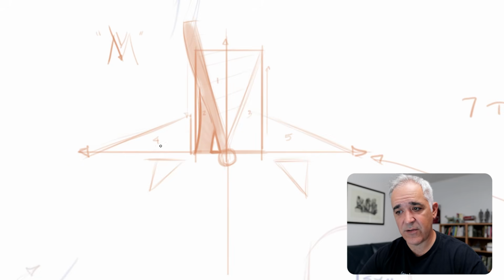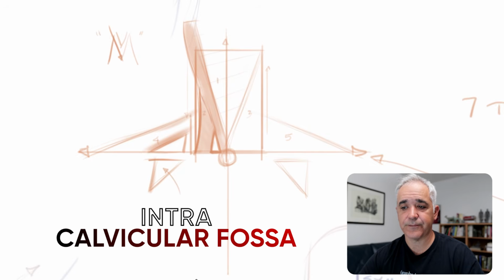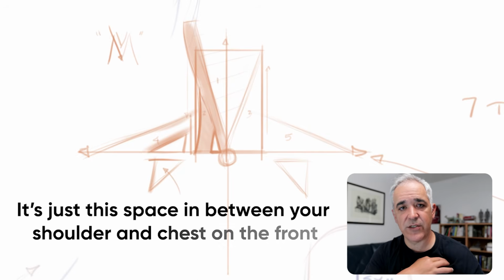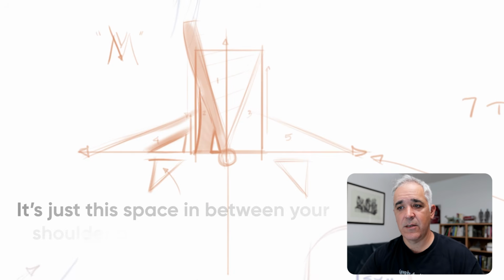And that creates, when it pulls around, another triangle inside of it, that would mirror the one that's underneath down there. So this is all your trapezius, but it folds over here so it leaves that little gap. And then this is called your infraclavicular fossa. It's just this space between your shoulder and chest on the front.